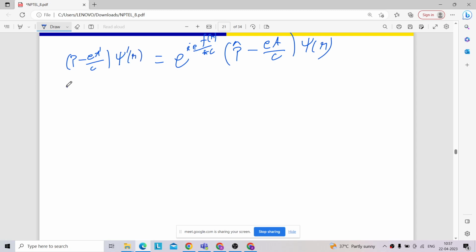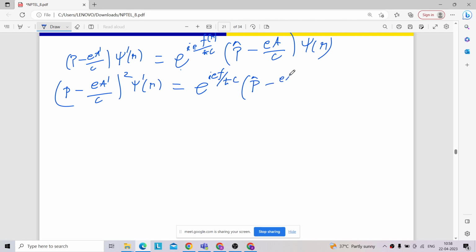Let's operate again this P minus e A prime divided by c once again from the left-hand side. Then we will get the square on psi prime of r: if I operate it once more, I will get the same e to the power i e f by h cross c, and this value will be squared, P minus e A over c squared, psi of r.